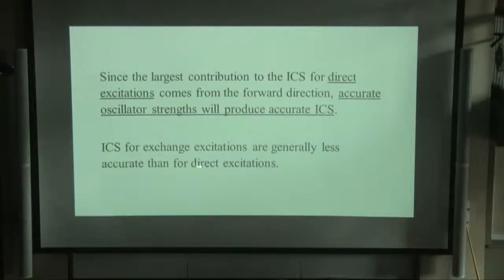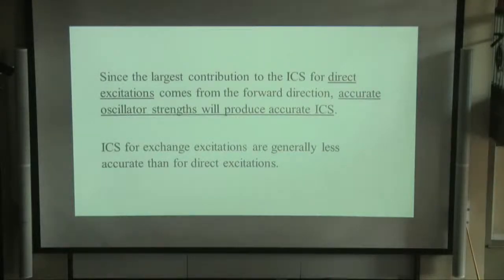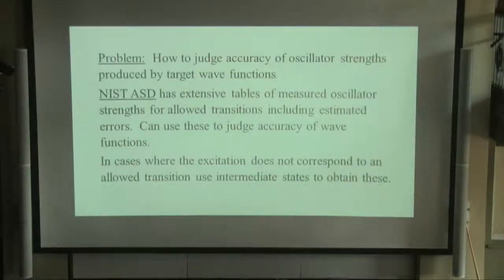The integrated cross-section for exchange excitations are generally less accurate than for direct excitations, but we expect if you get decent oscillator strength, then that is some indication of the goodness of your wave function. So we would hope that these are reasonably accurate, although, as I said, probably not as accurate as the ones for the direct one. Okay, well, how do we judge?